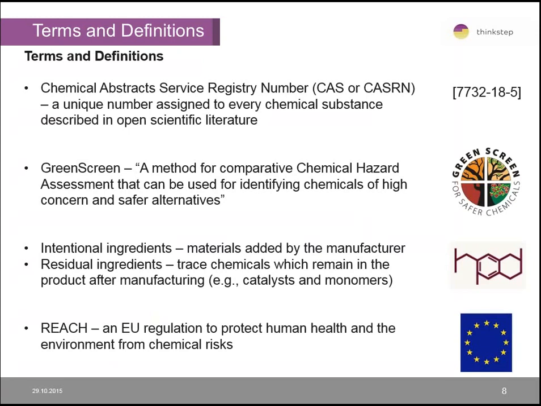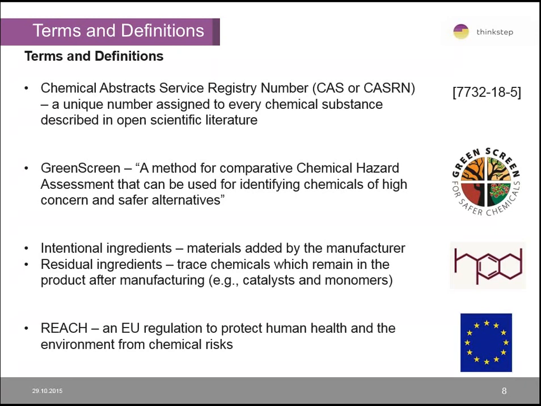CAS numbers, or sometimes known as CAS-RN numbers, are unique identifiers associated with every chemical described somewhere in scientific literature. So many materials and chemicals have been classified with a CAS number, but not everything. Often you would find these on a safety data sheet, or as previously known, a material safety data sheet, an MSDS.